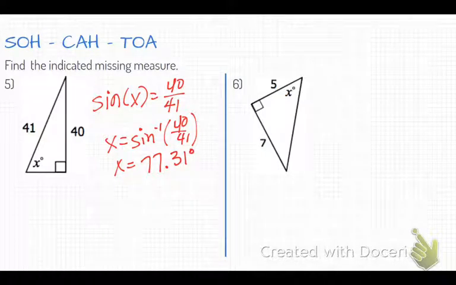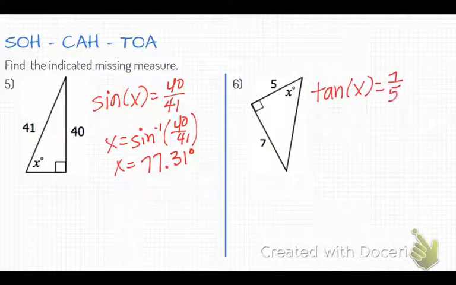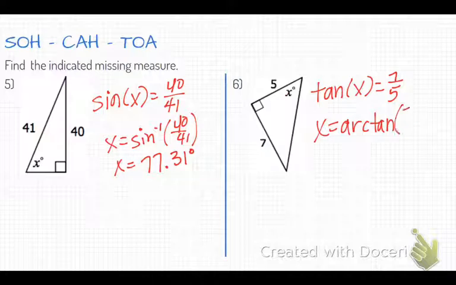Next, number 6. Which trig ratio was that? Good, I had opposite and adjacent, so I have tangent of x equals 7 over 5, right? Okay, so I have x equals, let's write arctan this time, because remember, it means the same thing, of 7 over 5.